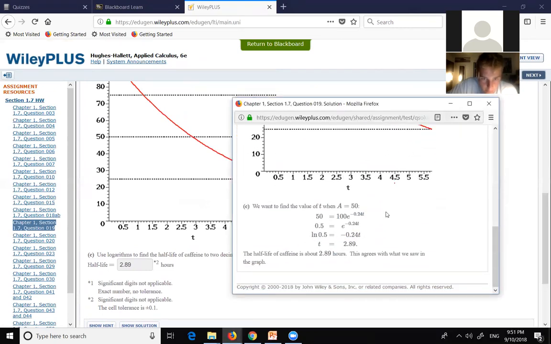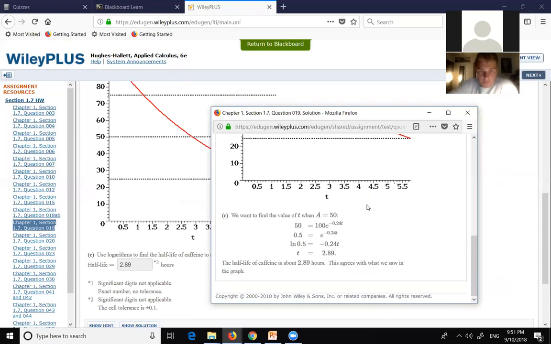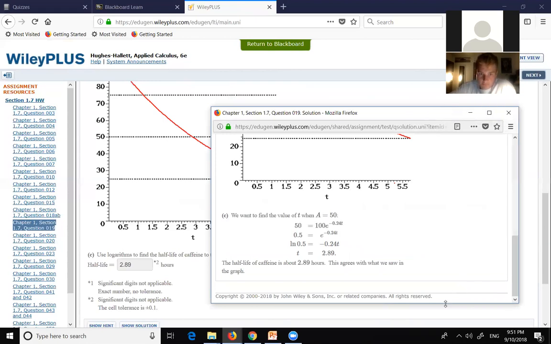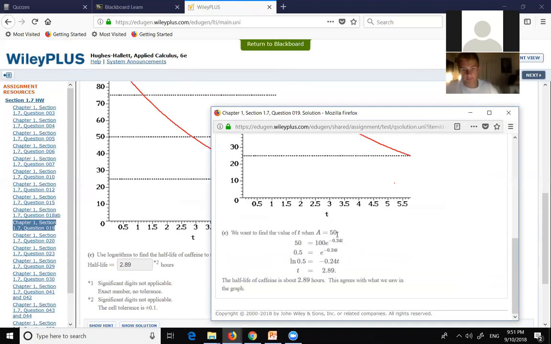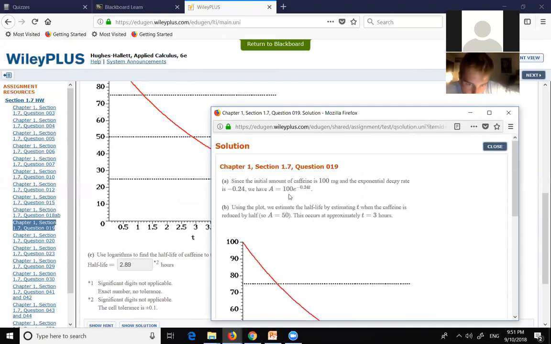So the initial value was 100. The half-life is when the amount is 50%, or 50 milligrams. So you go back to the equation that you have here from part A. Now the final value A, you want to set this to 50, and then you just solve for T.